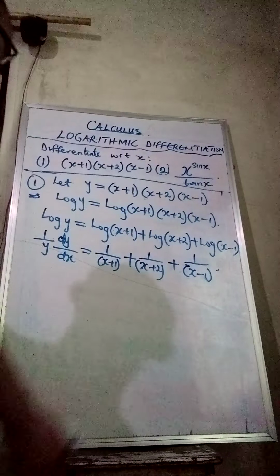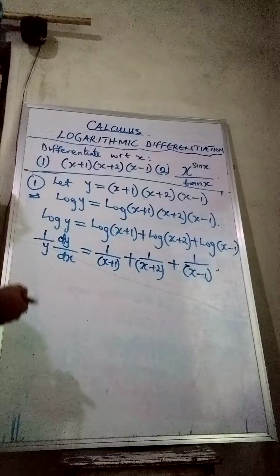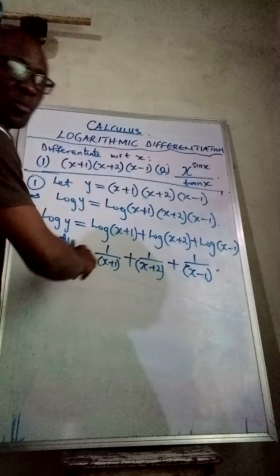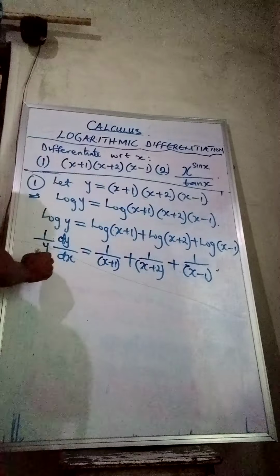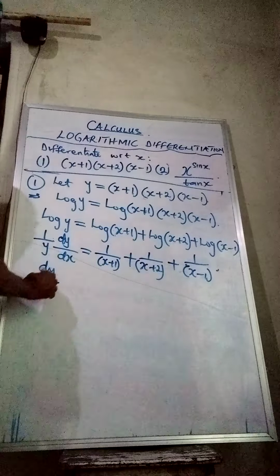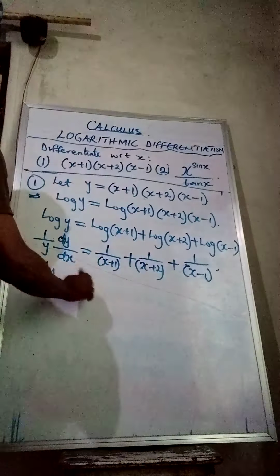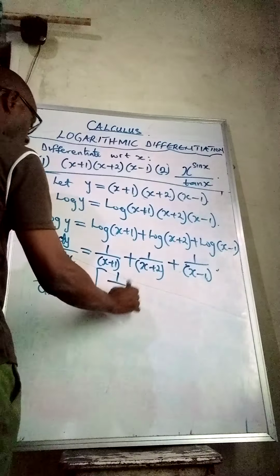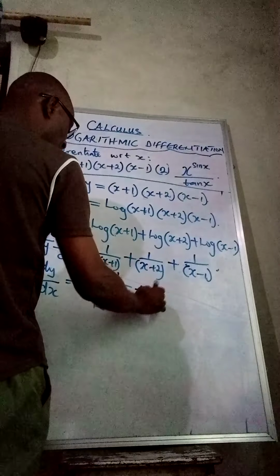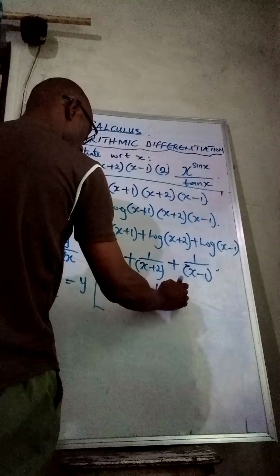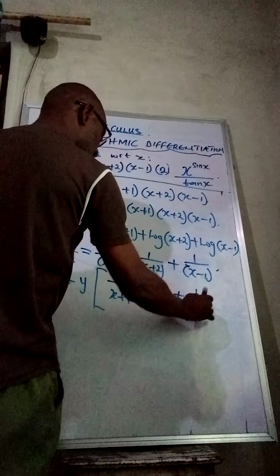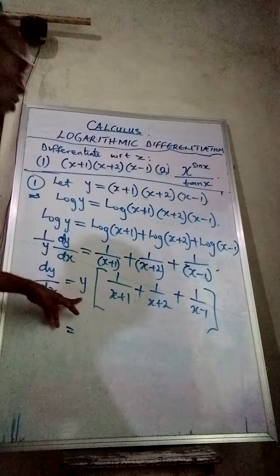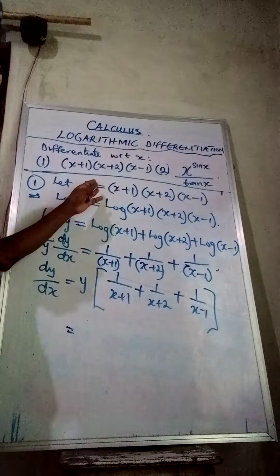Now, having done this, the next thing is to use this y to cross to the other side to multiply the whole of this. So your dy/dx will now be y into bracket 1 over x plus 1 plus 1 over x plus 2 plus 1 over x minus 1. Then you replace y with whatever it is representing.